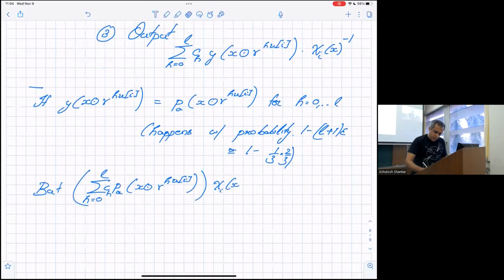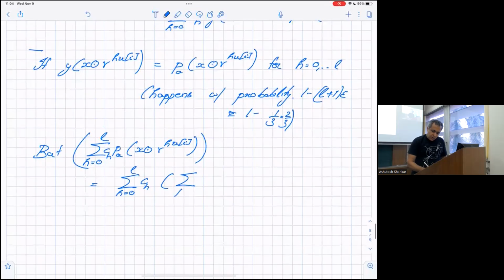So let's forget about γ^i for now. What is this quantity? This is summation h equals 0 to L of c_h, where P_a itself can be expanded out as j going from 1 to k of a_j γ^j at x·γ^h u_i.